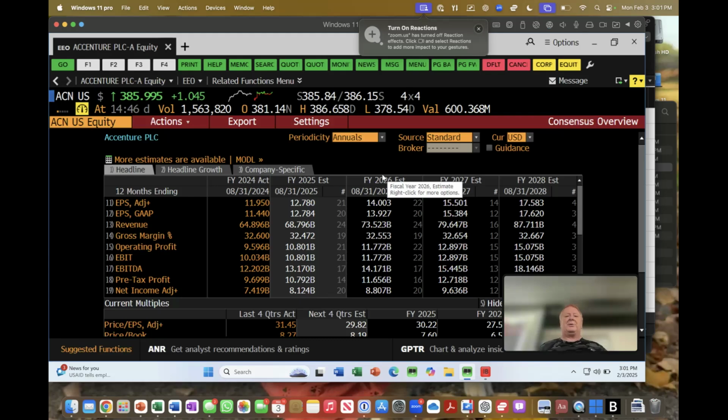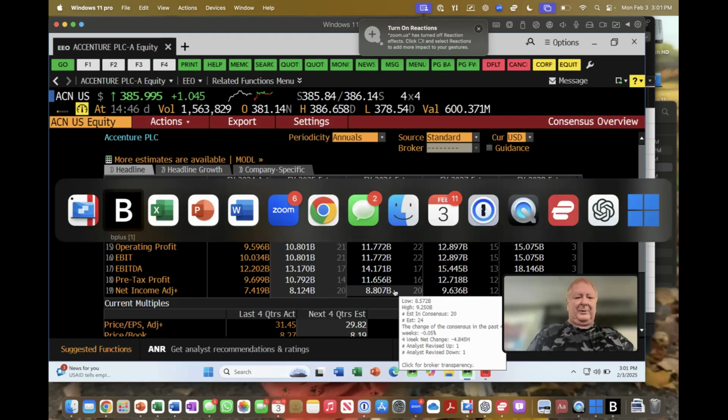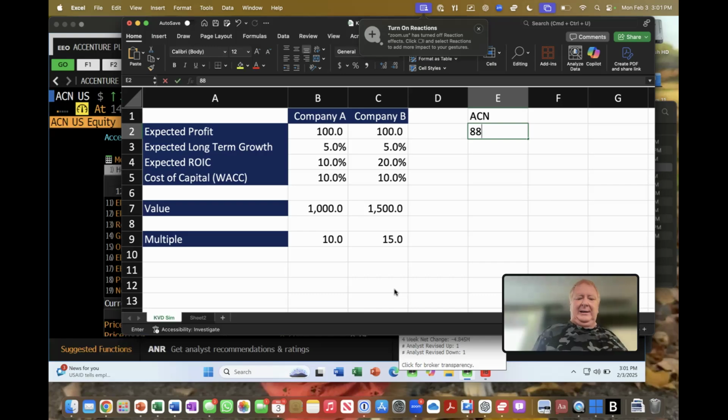So in 2026, first 12 months of forecast, Accenture's net income, $8.807 billion. So in their formula, 8807. All right, expected ROIC when you do a share price becomes return on equity. Because return to just the shareholders ignores the debt. That's the share price.